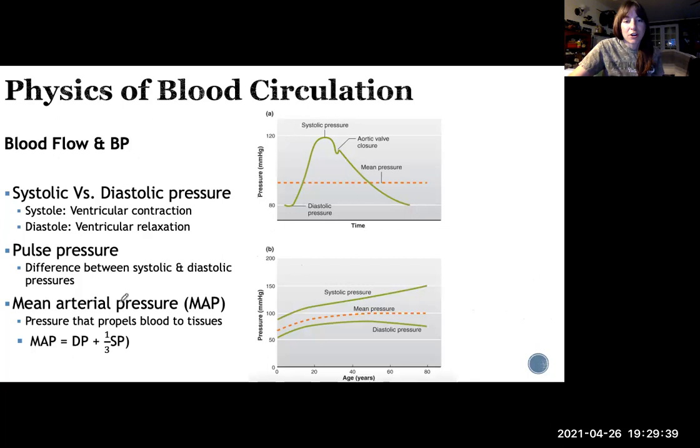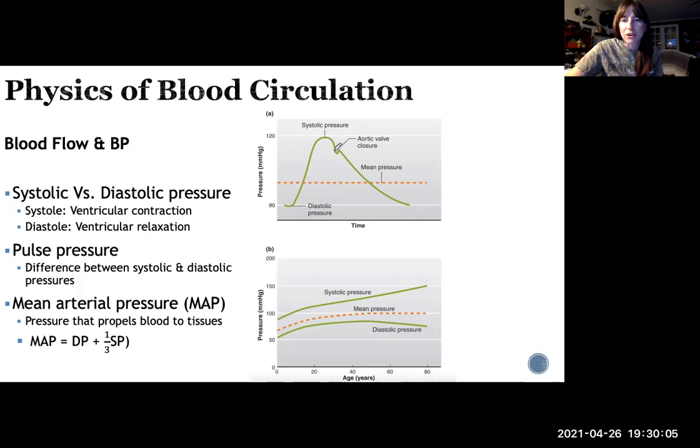Okay, same wordage over here, just a different chart showing you how the pressure along with time of systolic and diastolic pressures looks. Okay, so this is a little bit different than the ECG, the EKG that we looked at last week. Your diastolic pressure down here at 80, systolic pressure up here at 120.